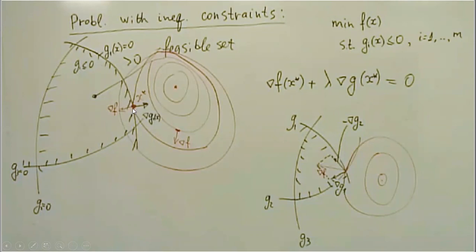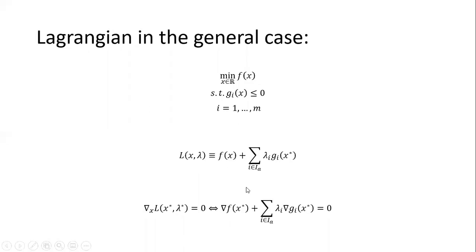For example, here the only active constraint is g1, but there can be more. To find the minimum of this Lagrangian, we differentiate it and compare to 0. So the gradient of the Lagrangian equals 0 if and only if the gradient of f(x star) plus the sum over all active constraints of lambda_i gradient g_i(x star) equals 0.